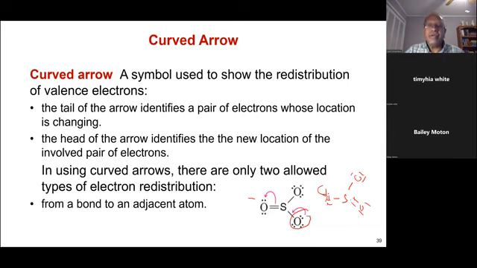So I am not drawing it there. From the bond, you can move bonds to adjacent atoms. You don't change the position of the atoms, only the valence electrons.